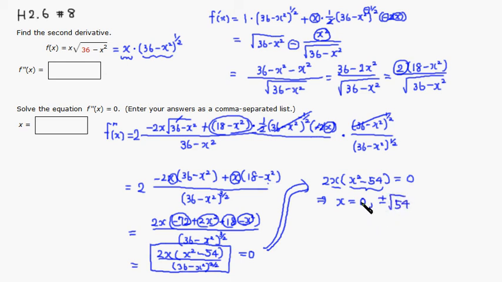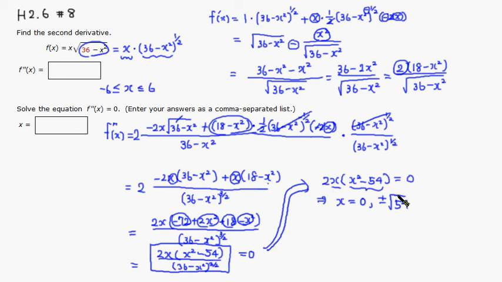Right, but we have to be careful because this function is defined only between, let's see, make sure that 36 minus x squared is non-negative, which means that x has to be between negative 6 and positive 6, right?